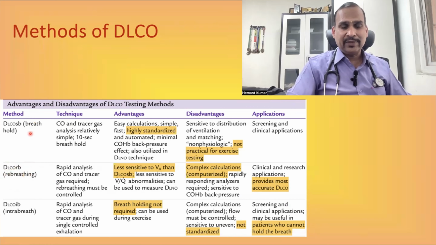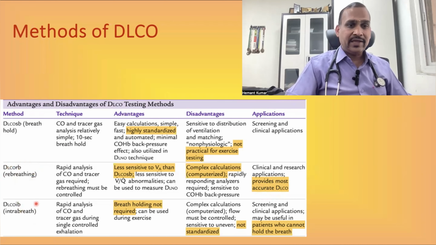This was single breath; this is rebreathing, multiple breathing, but it is less sensitive for VA. VA is lung volume, I'll tell you later. The calculation is not easy, it is a complex calculation. But if you do rebreathing, it will provide the most accurate diffusion study. But this is very less commonly used.